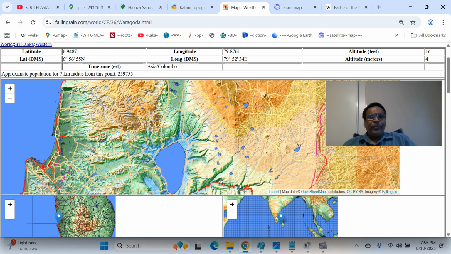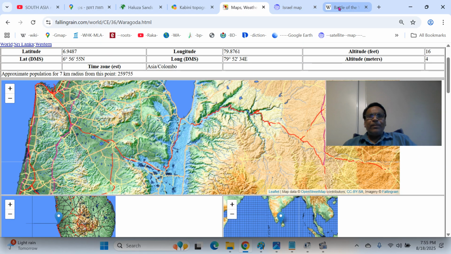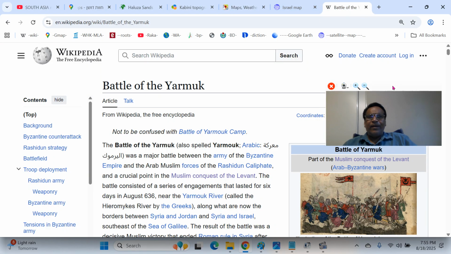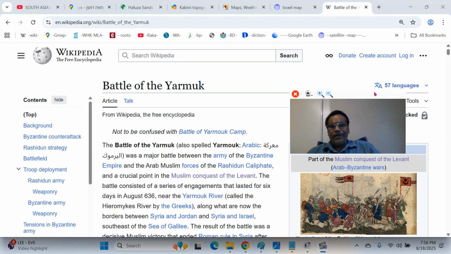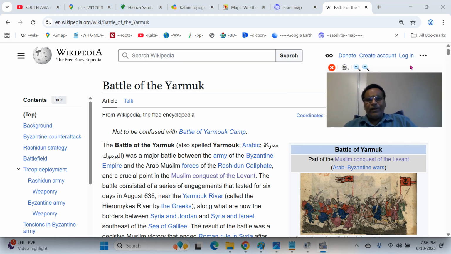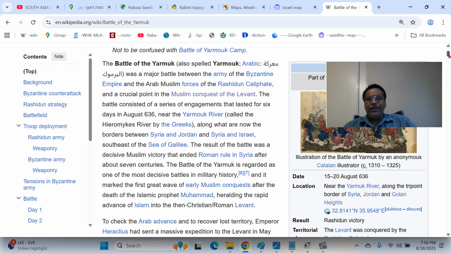And the Yarmouk River is very important because previously this region was controlled by the Romans, later Byzantines. The Muslims challenged them after the rise of Islamic imperialism imposed on the pagan Arab population. And the Rashidun Caliphate waged a major Ghazwa battle, the Battle of Yarmouk, during the time of Rashidun Khalifa Umar.